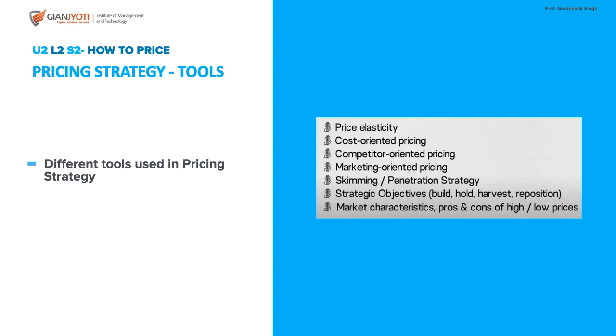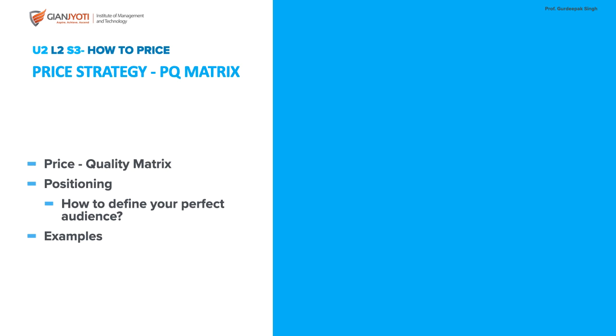The last one is market characteristics, pros and cons of high-low prices. So that will be how the market is behaving, and based on that you take your decisions on pricing. So these are some of the tools which you use in analytics to come out with the pricing strategy. And we'll take some examples also. Now, let me explain through one metrics as to how the companies take these decisions.